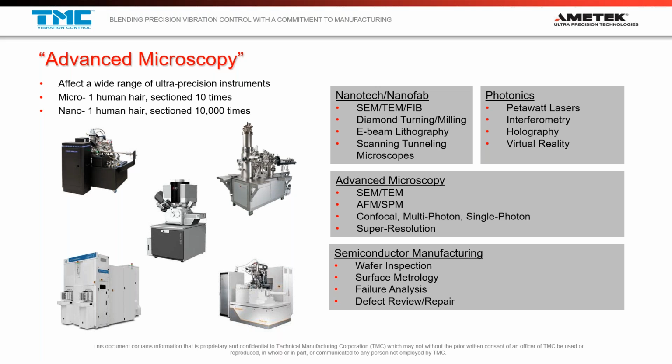When we're talking about this microscopy field, we're looking at extremely tiny features. One of the good examples of how small the features are that we're trying to resolve in advanced microscopy: you're talking about microns or micrometers, and think about a human hair. When you're talking about features that are microns, you can take a human hair, cut it lengthwise about 10 times, and then you start at the micro level.